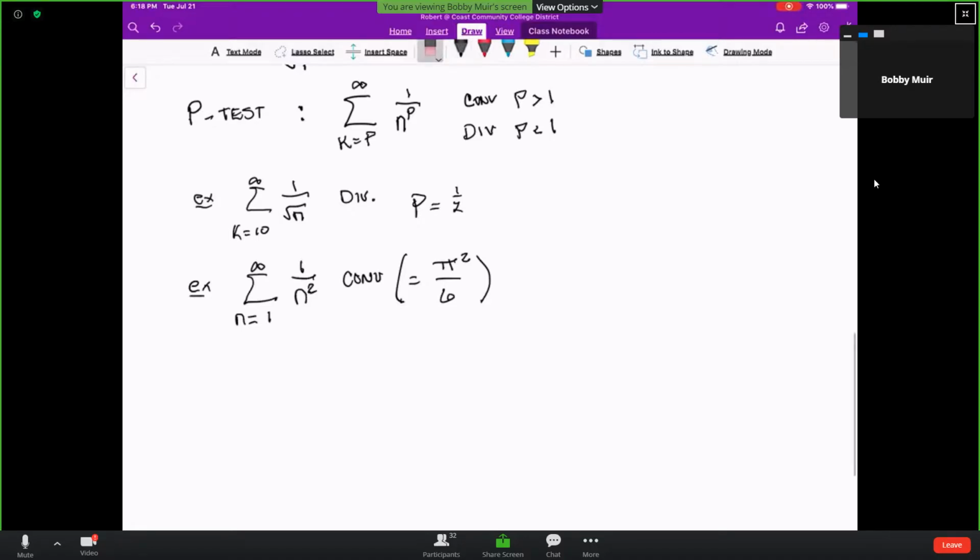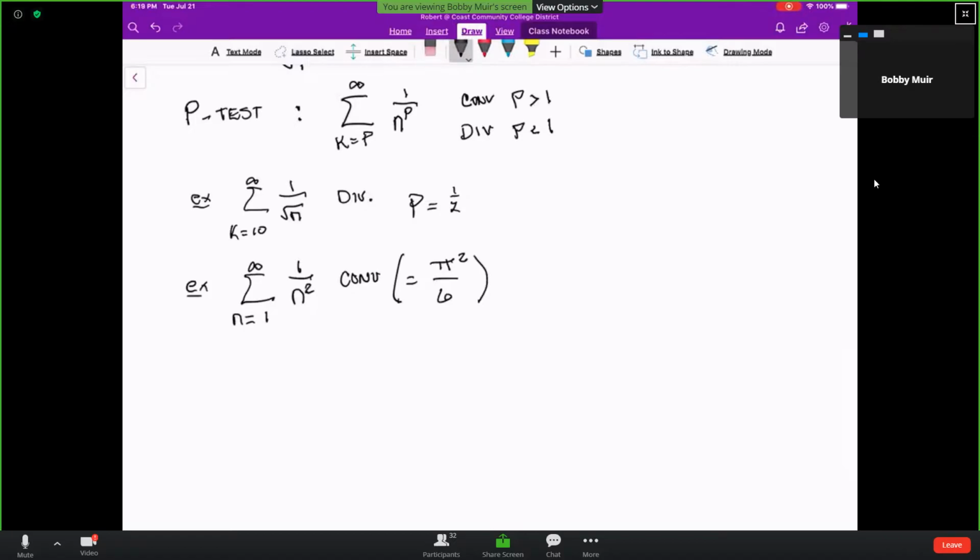One of the things that Euler kind of thought was that if a series is going to converge, like for example his Basel problem, this is called the Basel problem. From Basel, Switzerland? I think so, I'm not sure though.